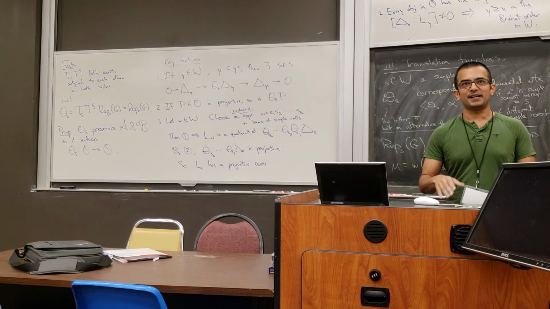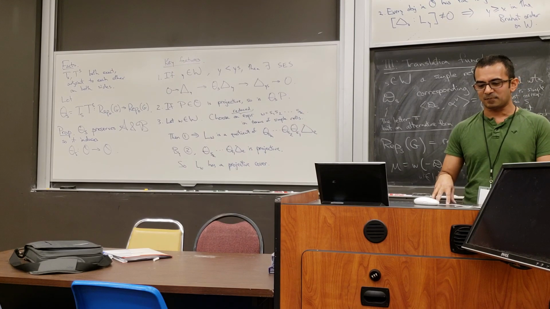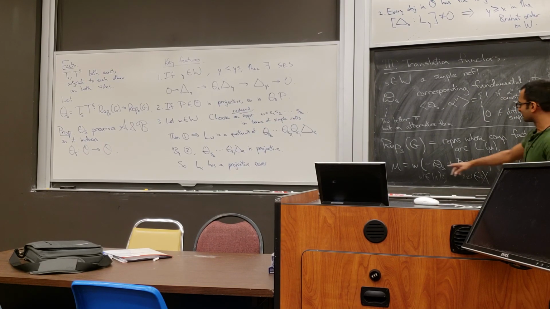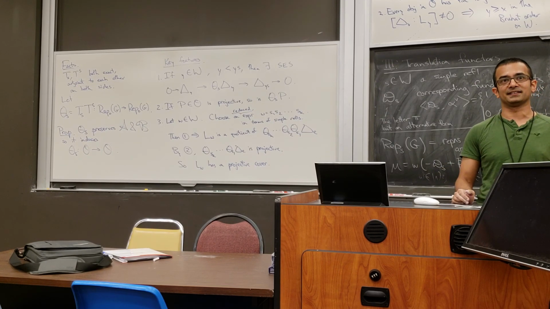One feature of the principal block is that it's an example of a regular block, and these S blocks are not regular. So regular means that, so this is a formula for what's usually called the dot action of the affine Weyl group, and the question is how big is the stabilizer of an element in the finite Weyl group of some weight in this block.